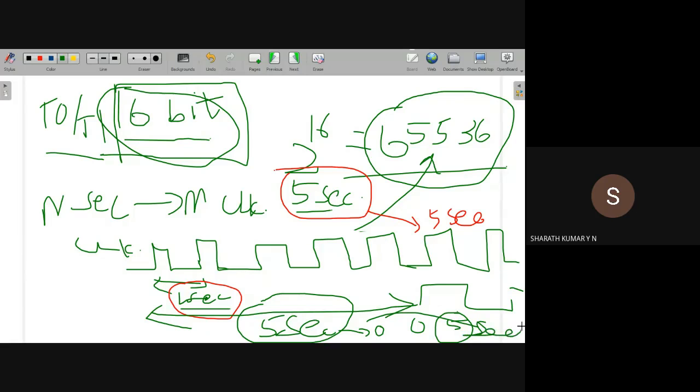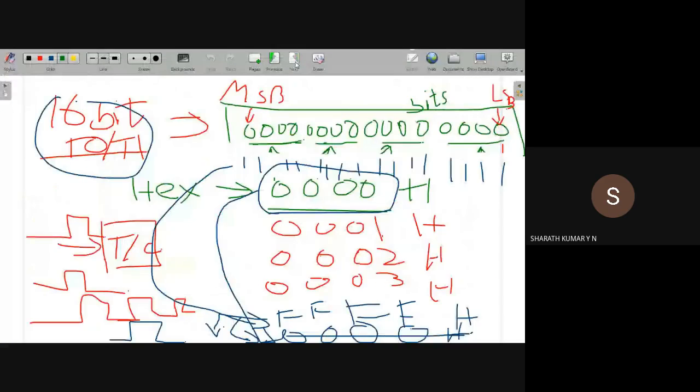So the counter has to be reset to generate a continuous 5-second delay. Because the timer is only 16 bits in size, the maximum count it can count is only 65,536.